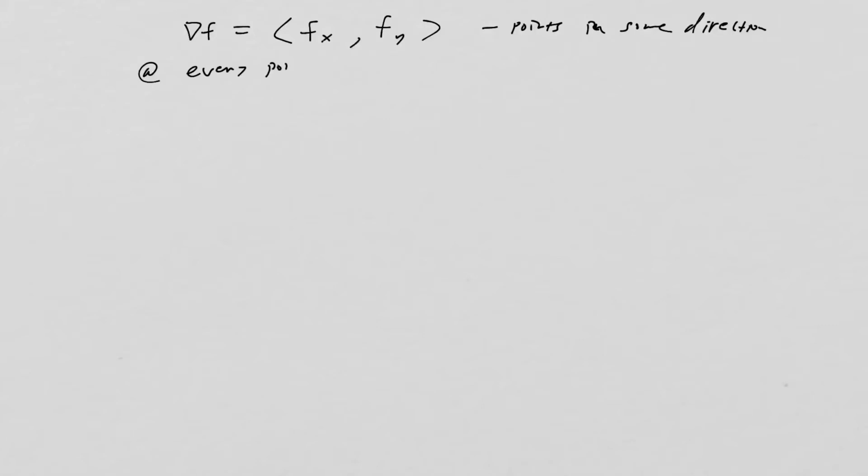Grad f is this (f_x, f_y), which is the other way to write derivatives, and this points in some direction at every point in xy space.